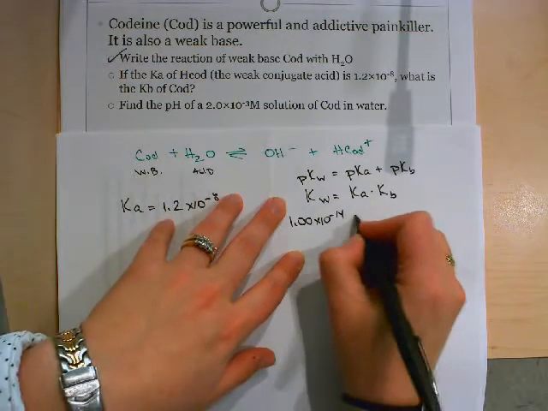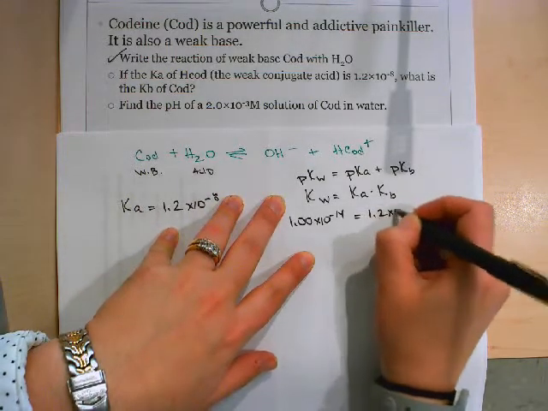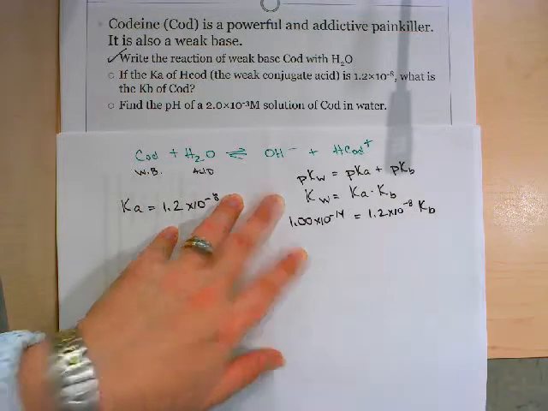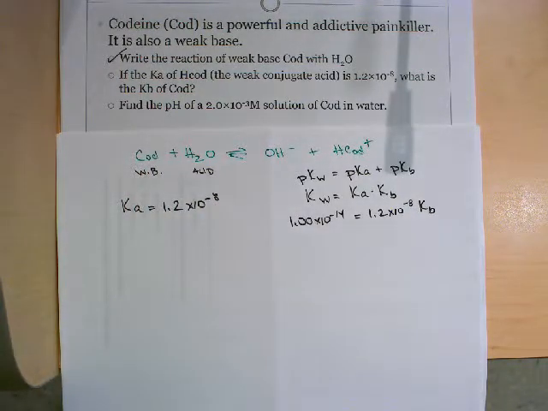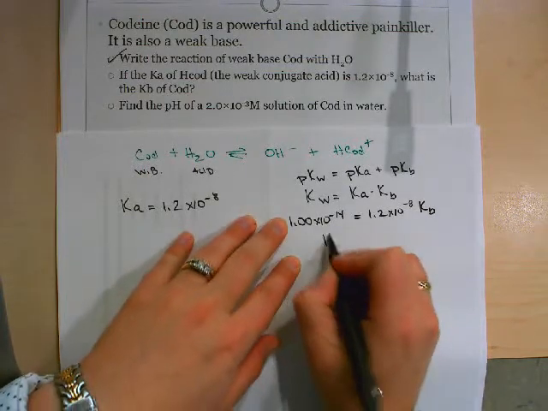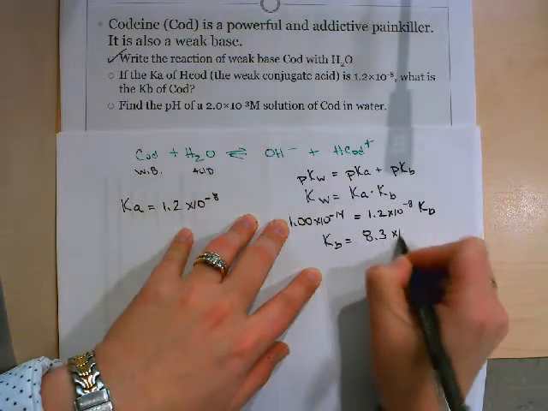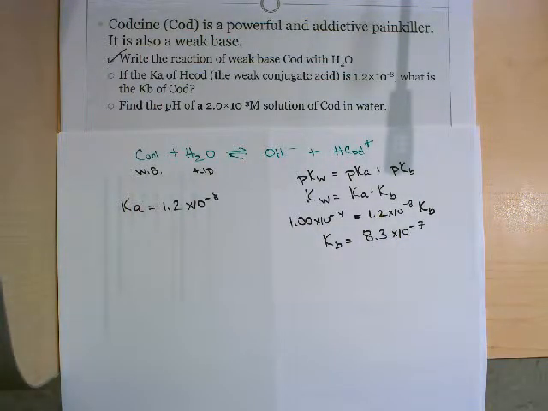They add up to 14, so it could be 7. Alright, so then I know this. So then what should that be? 1.00 times 10 to the negative 14. I always give you the Kw, and the Ka was given in the problem. So I got my Kb to equal to, everybody else get that? Anyone else playing along in the audience? Okay.